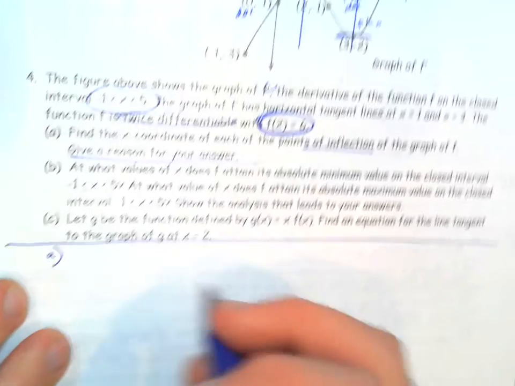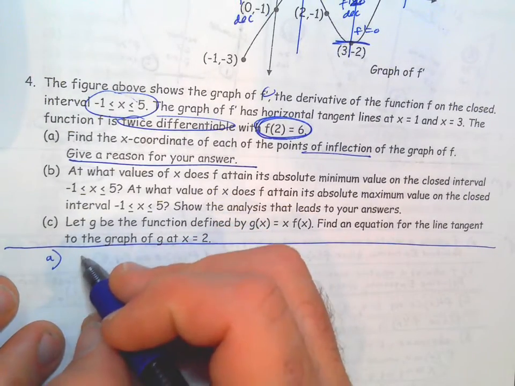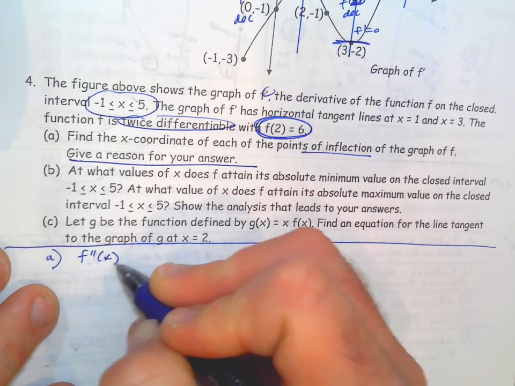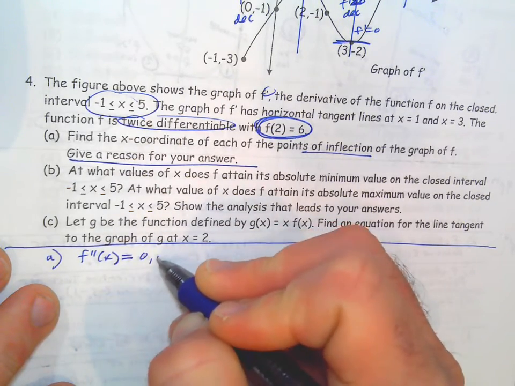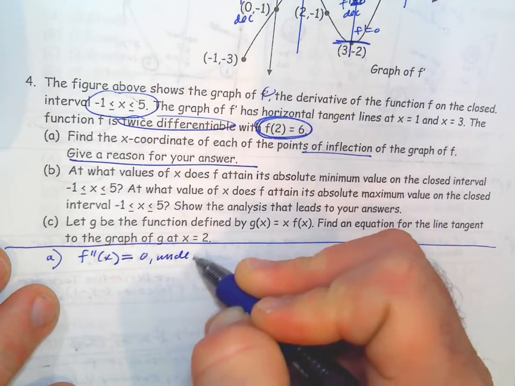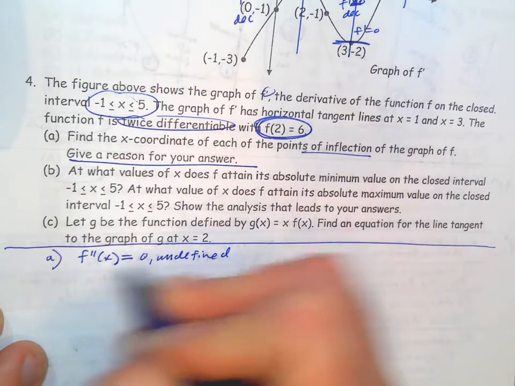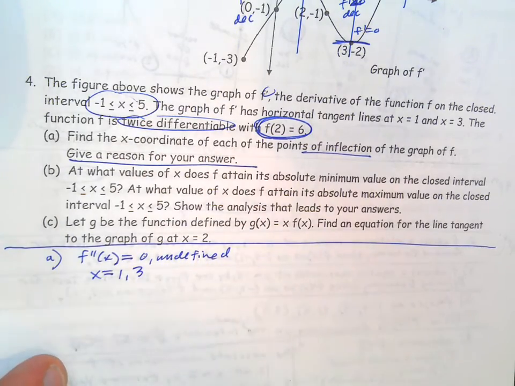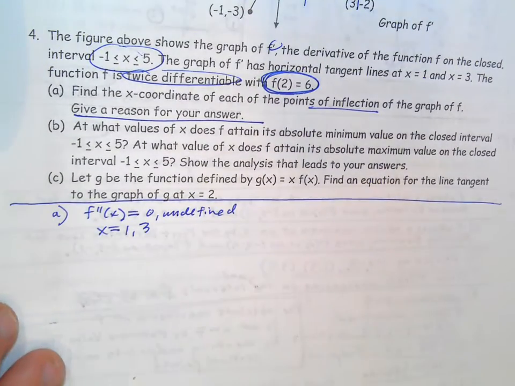But we're going to put that in words. So we might say, okay, well, f double prime of x equals 0 or is undefined. So x equals 1 and 3, which by itself does not guarantee an inflection point. You need to state that the concavity changes.